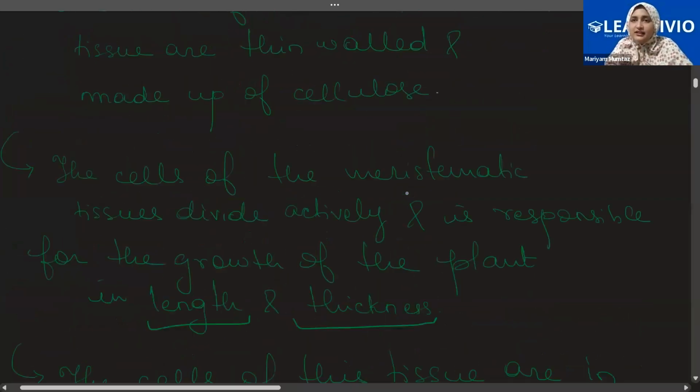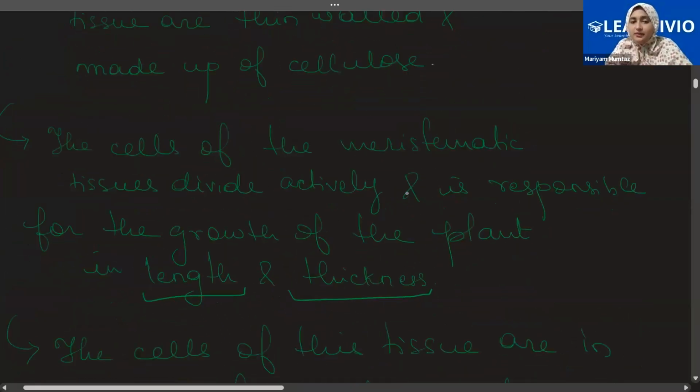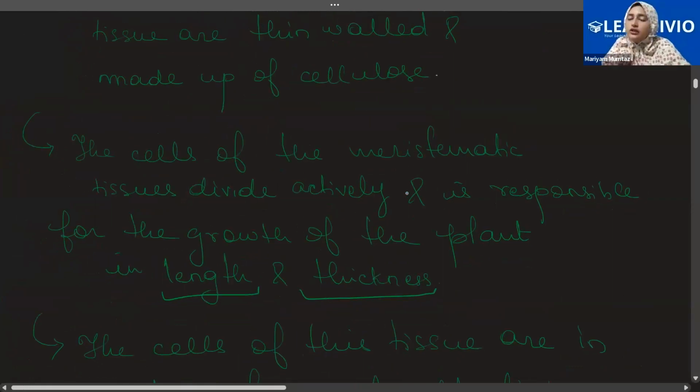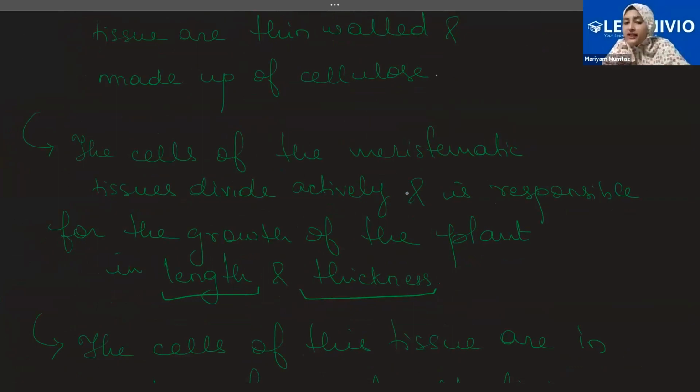Now, you must remember that the meristematic tissue has gotten its name from its unique property, that is active division. Meaning the cells of this tissue keep on dividing and dividing and new cells are constantly being formed. And when new cells are constantly being formed, it means that the plant is growing, right?